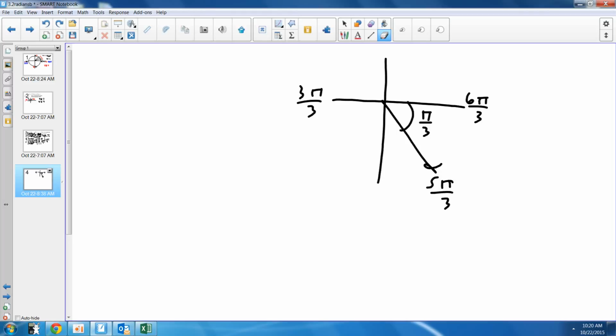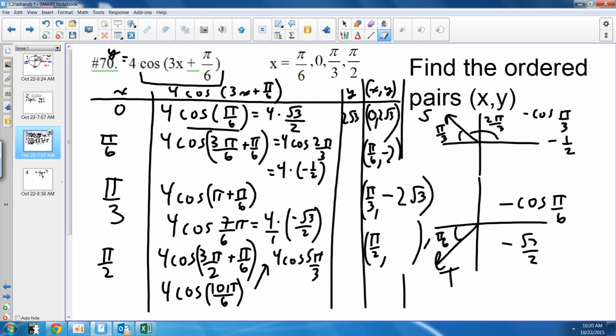So this becomes, and it's positive because cosine is positive there, cosine of pi over 3, which is the same thing as the cosine of 5 pi over 3. Cosine of pi over 3 on your table is going to be 1/2. Going back to this, it is 4 times 1/2, which equals 2, and that gives me my last point.